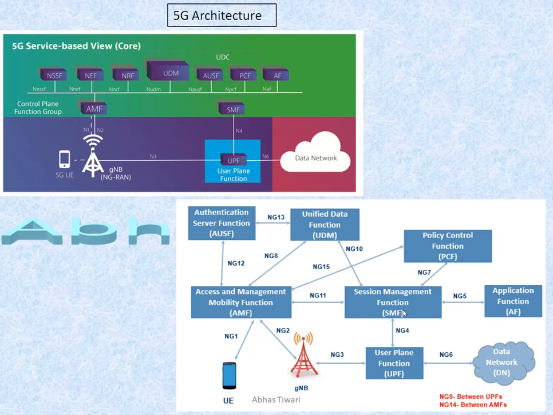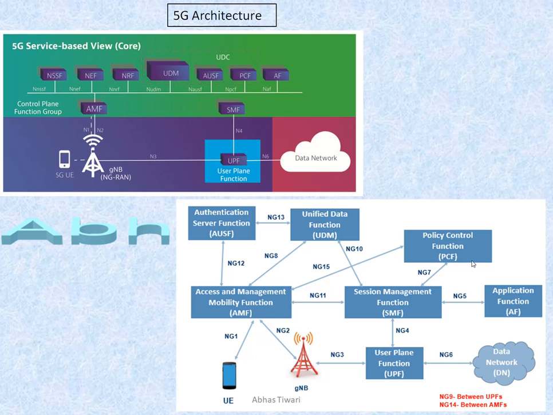It is also the anchor point for inter and intra-RAT mobility whenever it is applicable. So you can remember these as packet routing, forwarding, and inter-RAT and intra-RAT mobility whenever it is required. This is taken care of by UPF, user plane function.